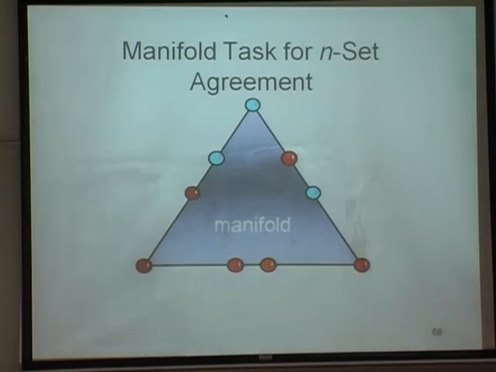And so what that looks like is we have our manifold protocol. And here, instead of coloring each vertex with the process whose view it is, we color it with the process that wins the consensus. So that means we're using the colors here in a slightly different meaning than we did before.